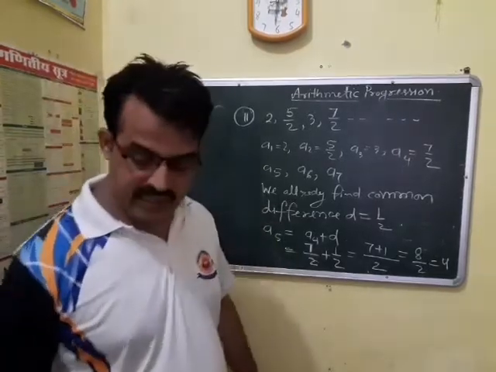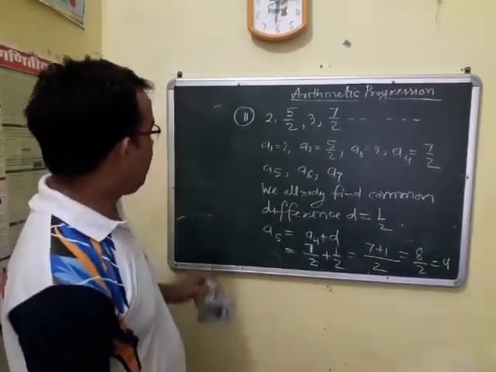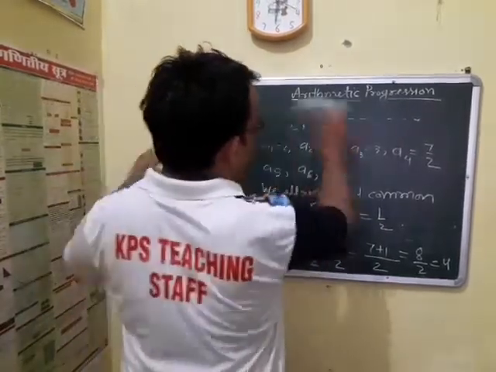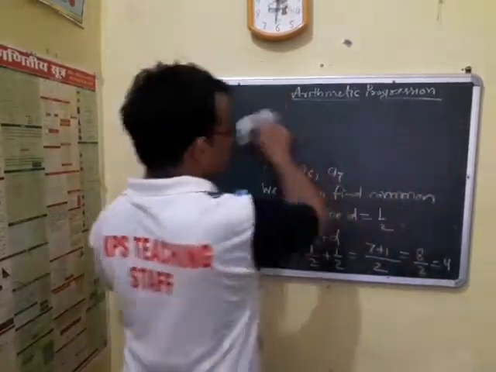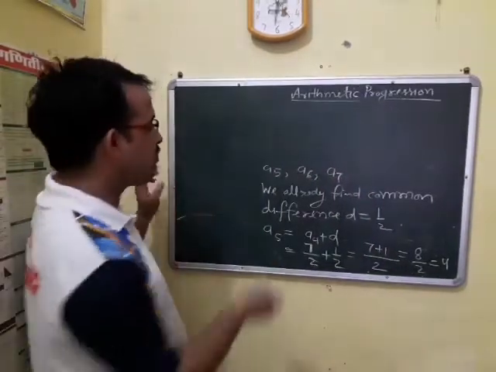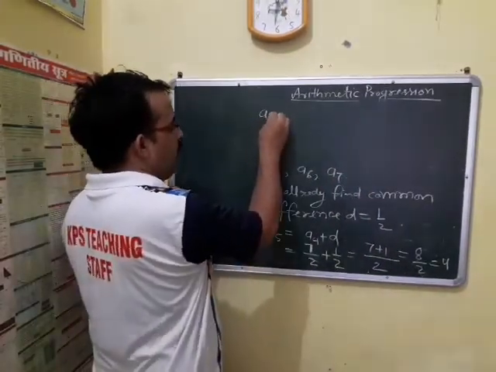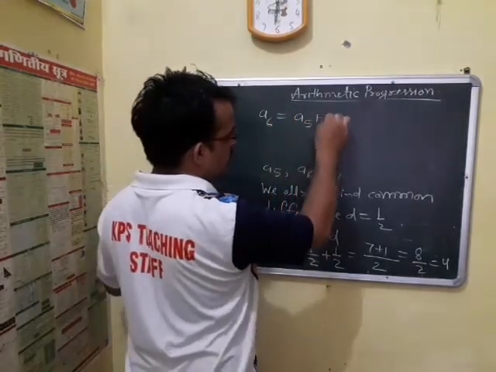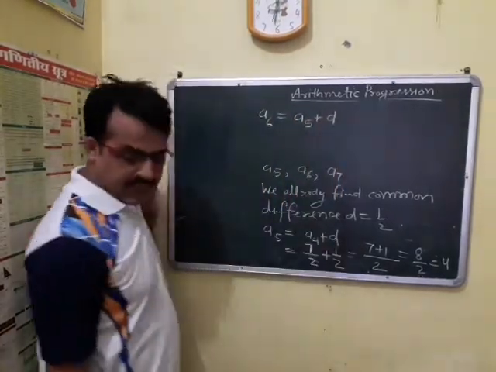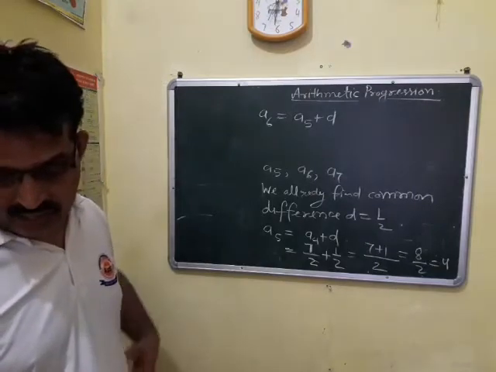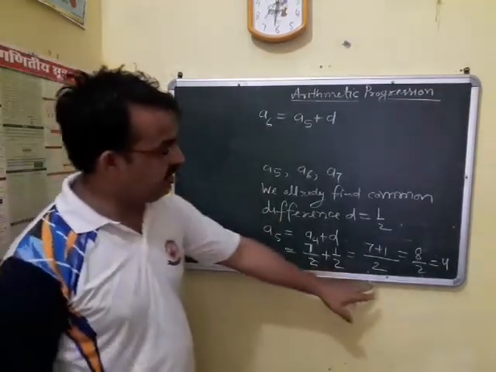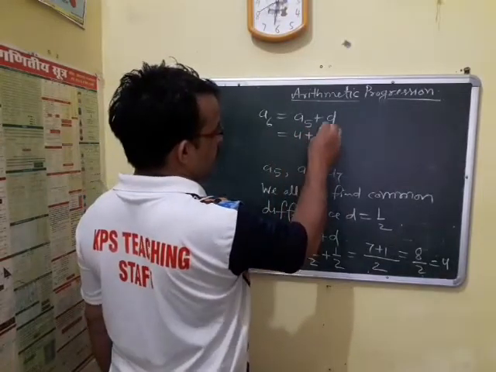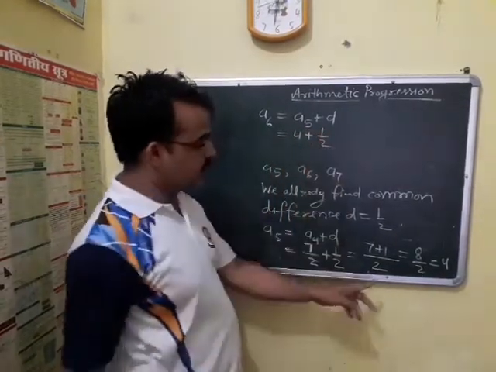Now find the next, A6. A6 is equal to A5 plus D. We already found A5 is 4, and D, the common difference, is 1 by 2.